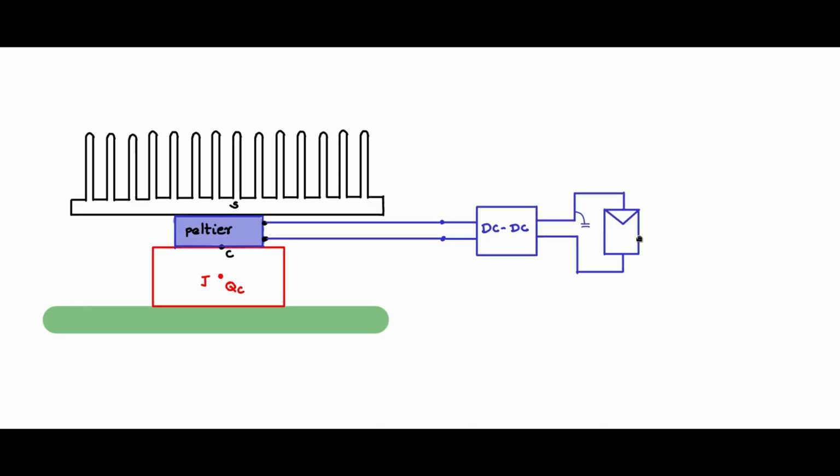There's a capacitance across the input of the DC-DC converter, and power is flowing from the PV source through the DC-DC converter into the Peltier junction, which is providing the electric energy to pump heat from the cold junction, this component which is supposed to be the cold junction, to the heat sink which is the hot junction.